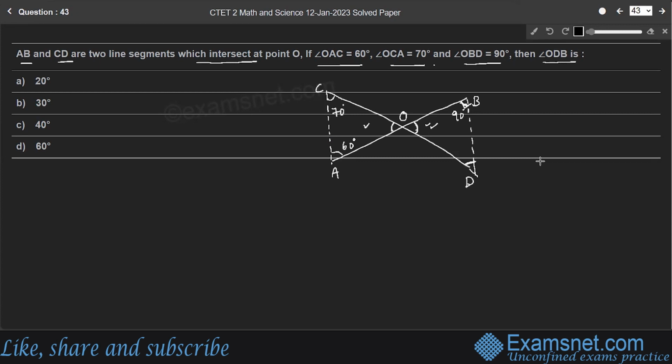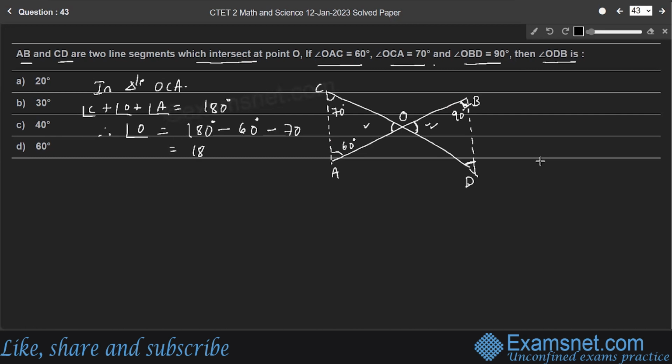Very simple. So we'll consider triangle OCA. The sum of the interior angles in a triangle is equal to 180 degree. We know that, right? Therefore, in triangle OCA, angle C plus angle O plus angle A is equal to 180 degree. Three angles, right? So here we need angle O in triangle OCA. Therefore, angle O is 180 degree minus angle A, which is 60 degree, given, OAC angle, minus angle C, 70 degree.